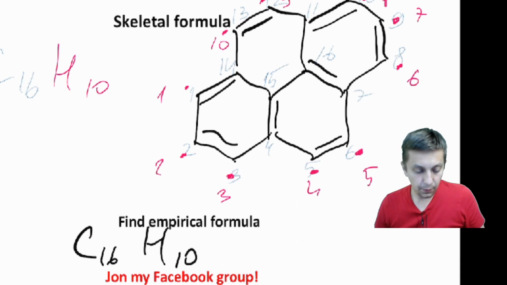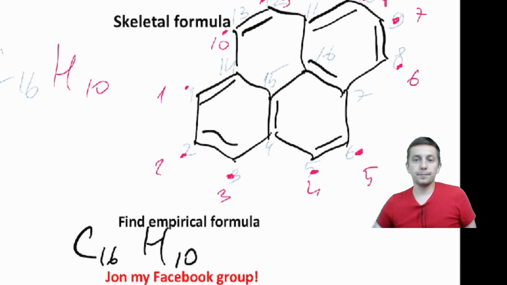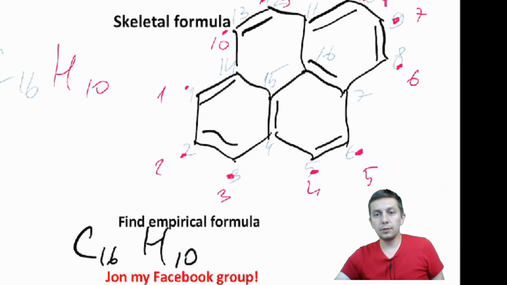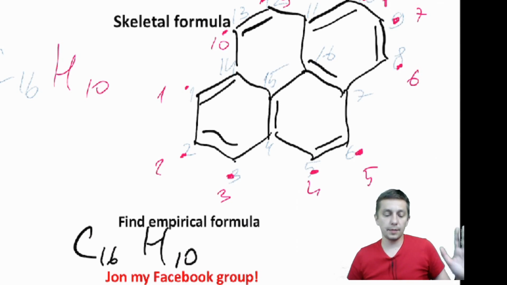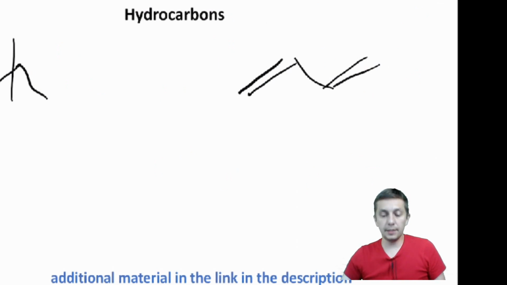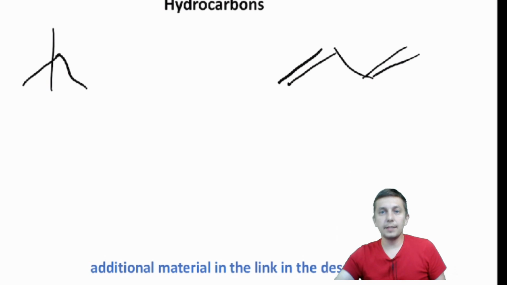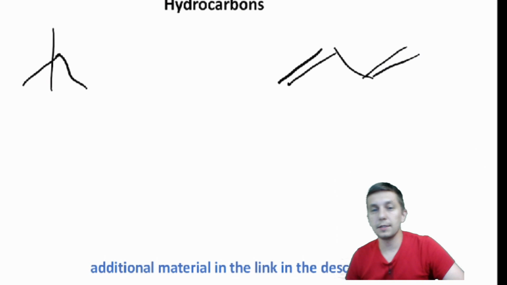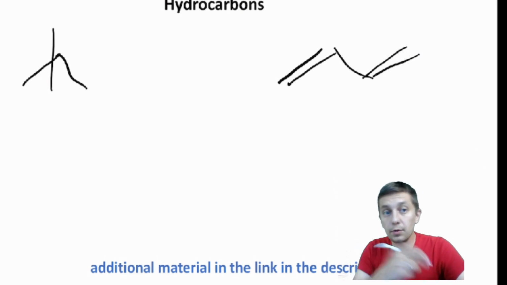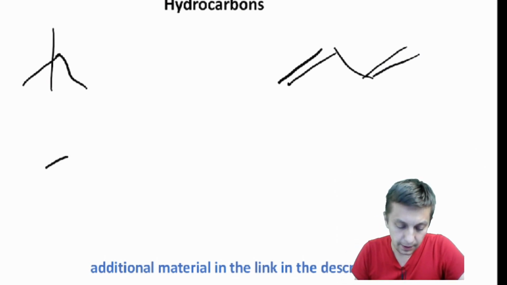So for finding formulas and predicting structure, you need to be able to write a structural formula from skeletal and from condensed formulas. And as I promised, hydrocarbons. We have four types of hydrocarbons. The main type is when each bond is separate, like alkanes.